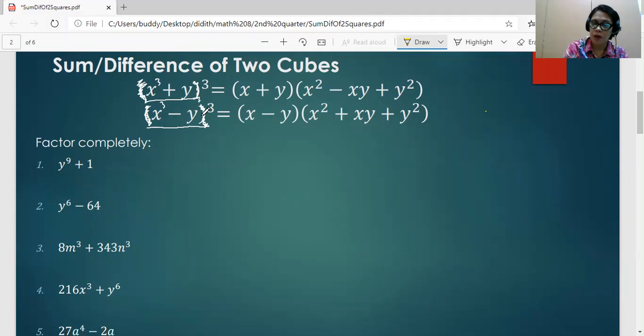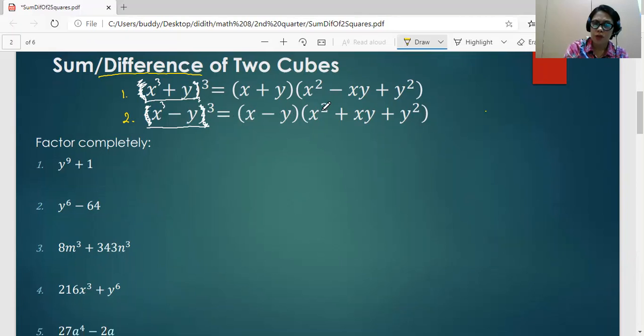It's the same way we get the factors for the second equation. Both terms again are perfect cube expressions, and this is the difference of two cubes. So we extract the cube root of x cubed and y cubed, that's x and y, and then we copy the operation, subtraction.